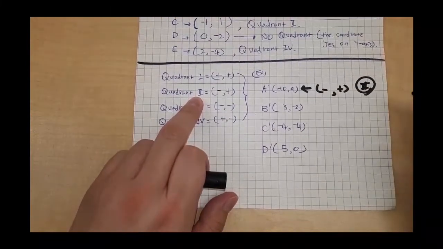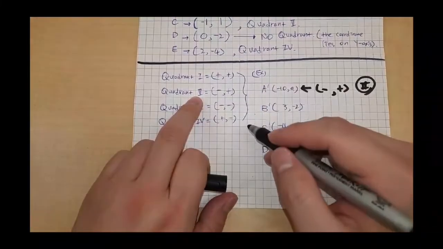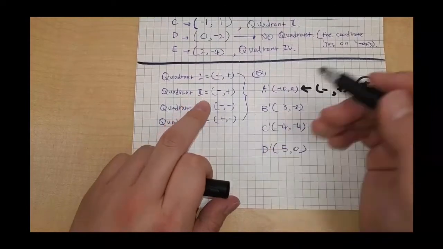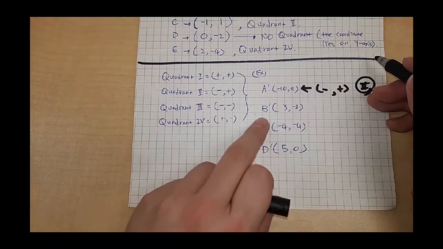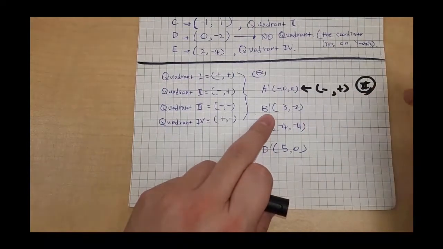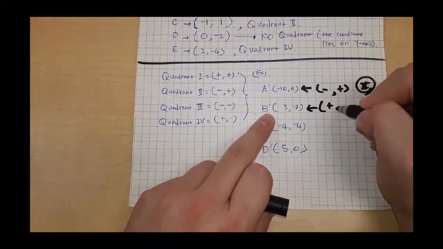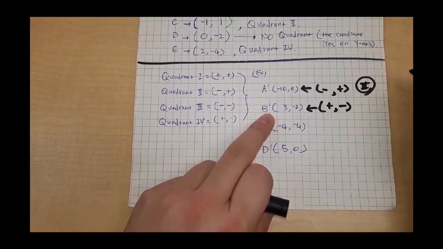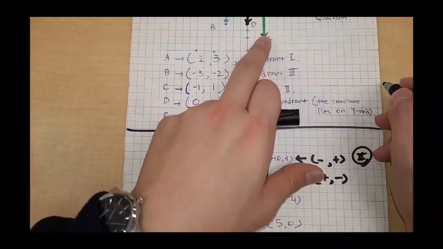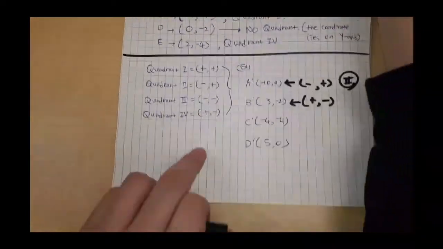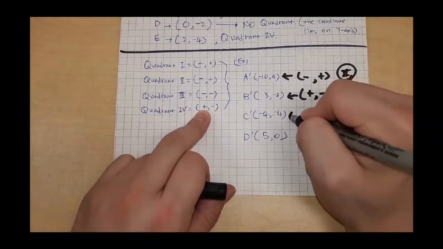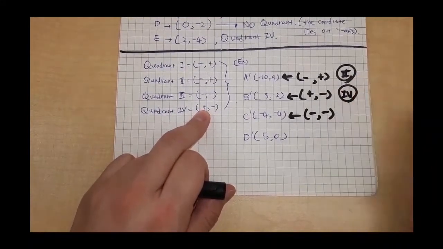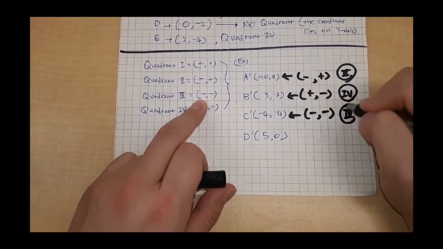So as you can see, as long as you know the sign rule over here, you don't have to actually construct the graph. That's my main point. B, on the other hand, (3, -2). This is positive for the first, negative for the second. Is there any quadrant that belongs to that? Yes, we do, which is quadrant 4, which is positive and negative. There you go. What about negative and negative? That's quadrant 3.